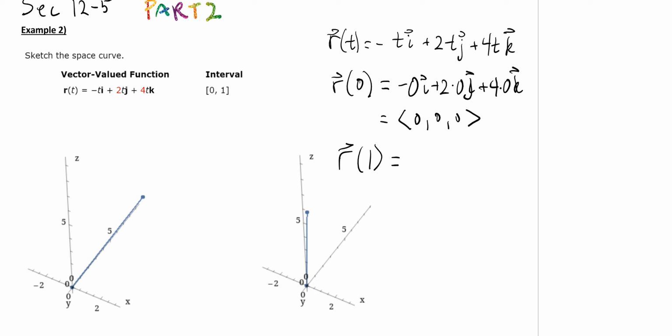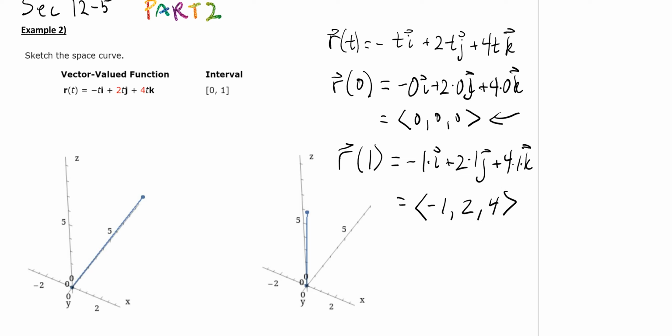All right, so that would be negative 1 times i, since t is 1, plus 2 times 1 times j, plus 4 times 1 times k. I'm going to do these in component form, switching back and forth between ijk form and component form. That's not necessary, of course.